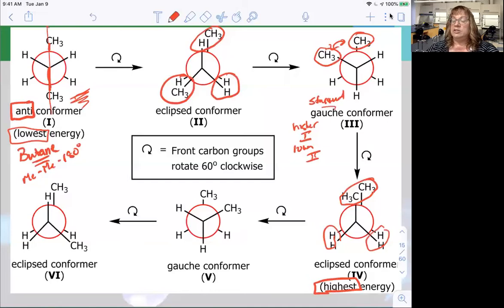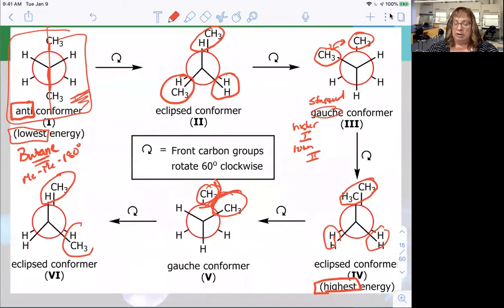And then I have these gauche staggered where, look at here, I have this other gauche interaction where this isn't as favorable as having them all the way 180 degrees from each other. And then again, when I rotate again, I'm looking at hydrogen, methyl, hydrogen, methyl, hydrogen, hydrogen. It's not as bad as that one. That one is the worst because I have those two eclipsing methyls. That's why that's the highest energy conformation there is.